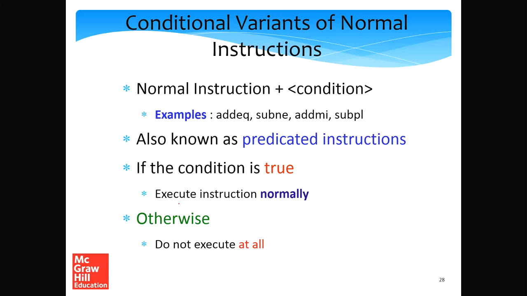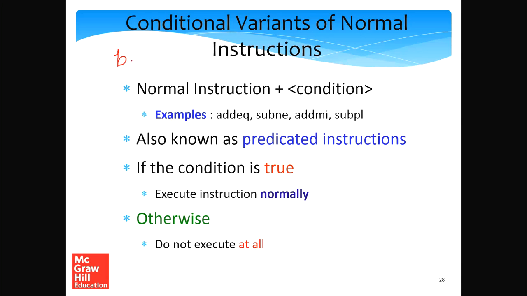So let's now look at some conditional variants of normal instructions. It is not just the case that these conditions, EQ, NE, GT, all the 14 conditions that we studied, other than the AL always condition, will only be put after a branch.